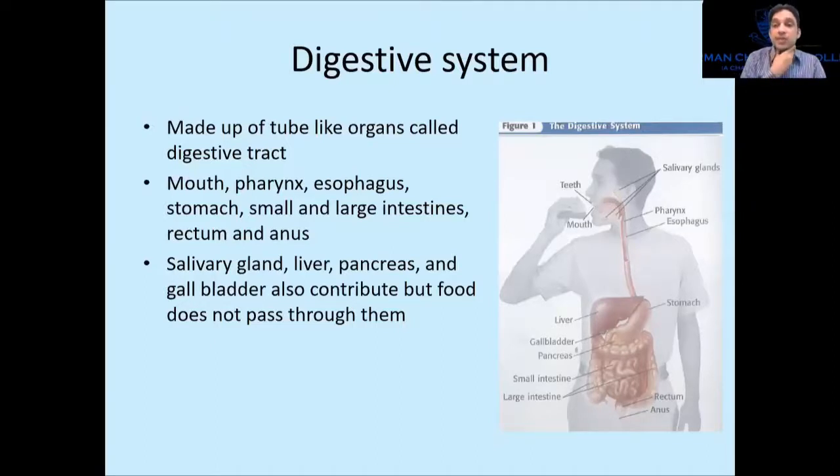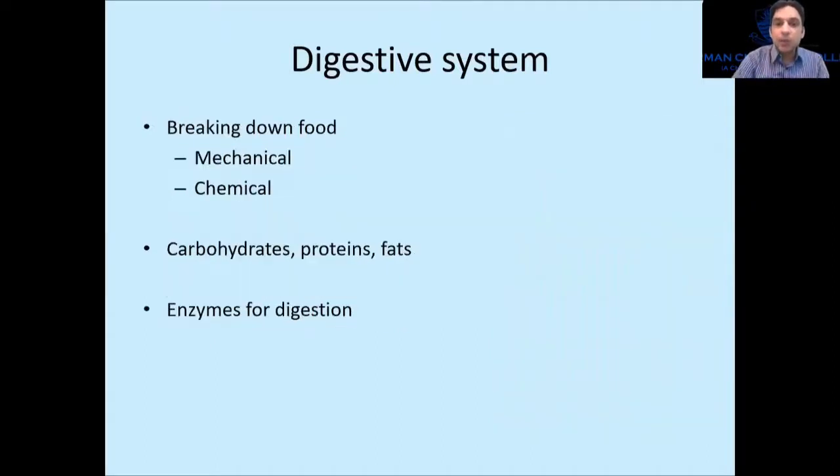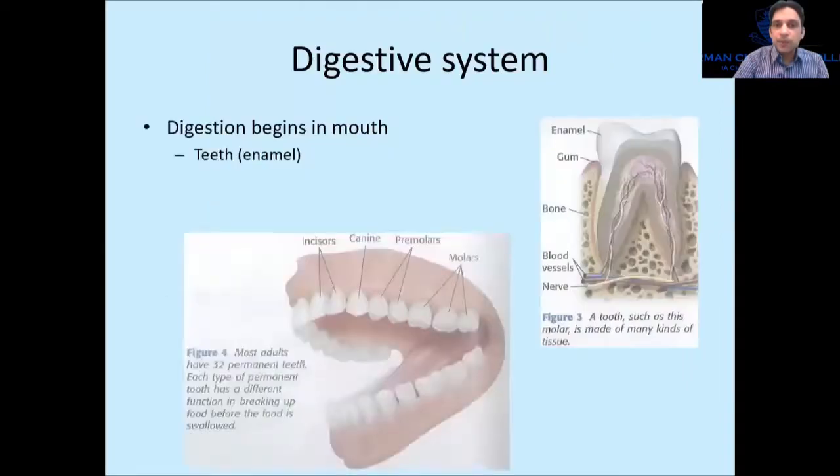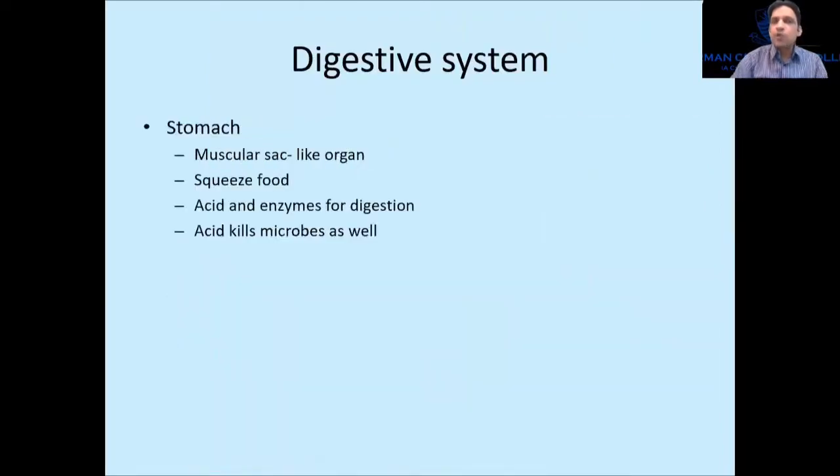Once the food is at the opening of the food pipe, it will rush because of the muscular action of the food pipe into the stomach. The food travels very fast from the pharynx into the stomach through this food pipe.